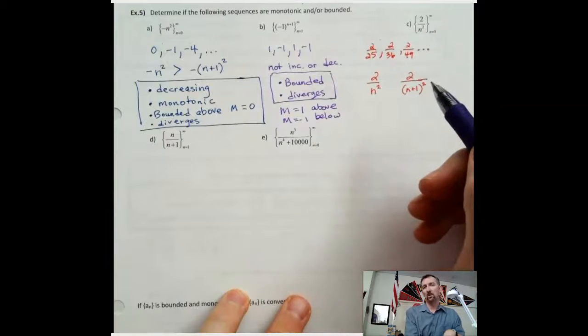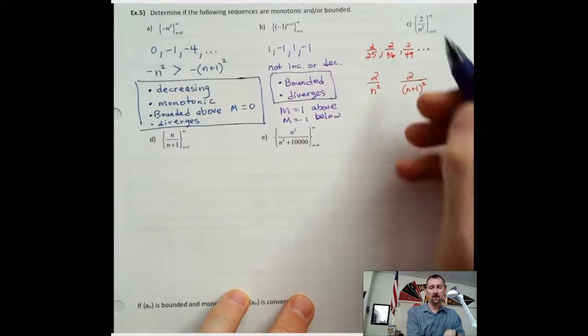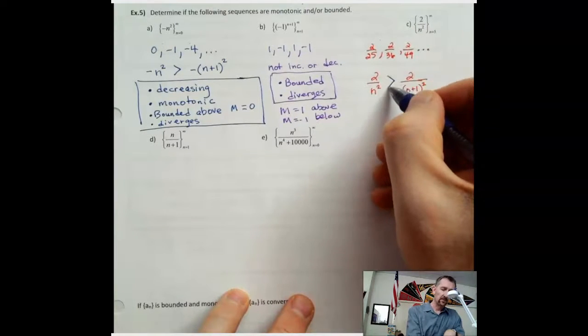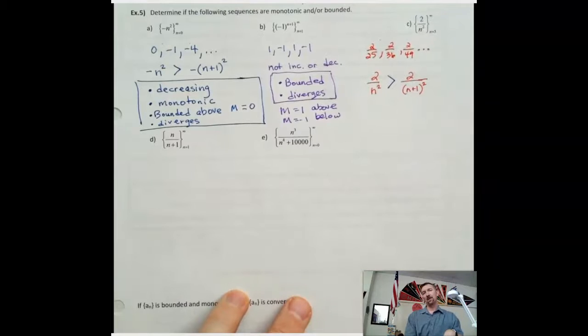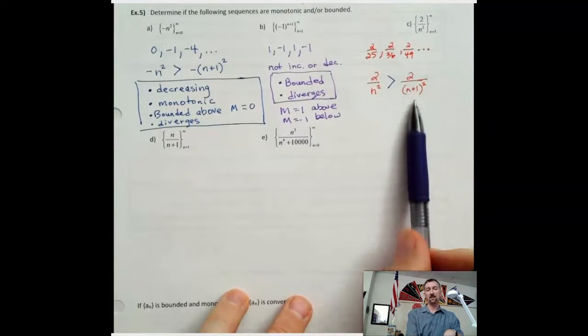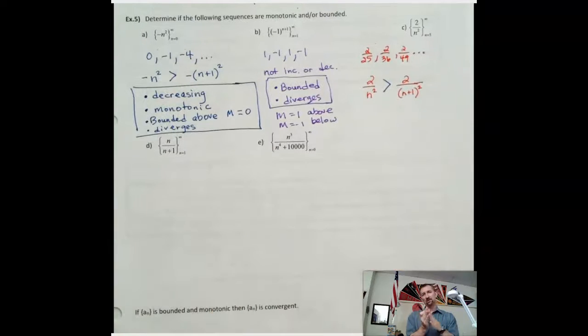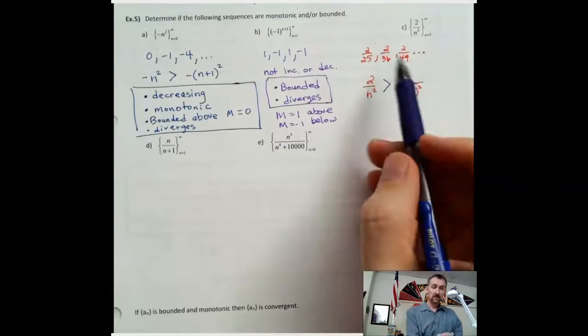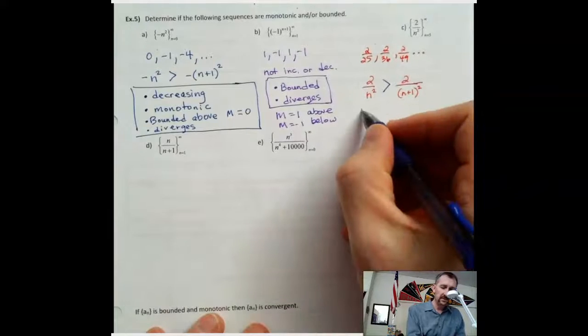It's like smaller pieces of pizza. It's 2 out of how many? If we cut the pizza into more pieces, then the pieces are going to be smaller. So that is decreasing.